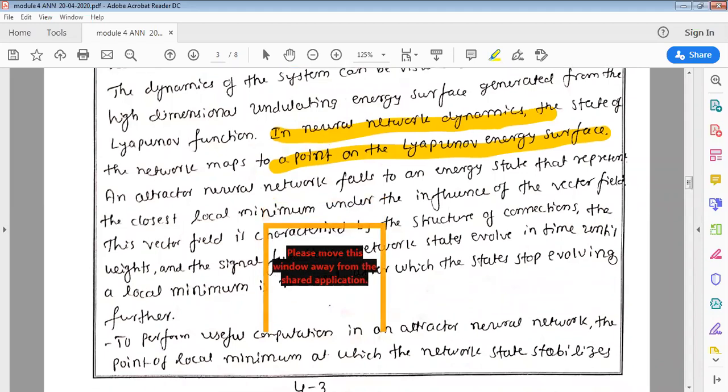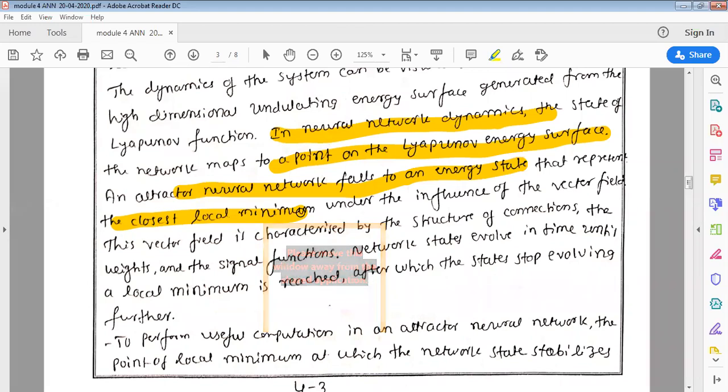Here, our attractor neural network falls onto the energy state that represents the closest local minimum under the influence of a vector field. What this means is, suppose you have a small ball and you put it on this sinusoidally varying surface. What will the ball actually do?